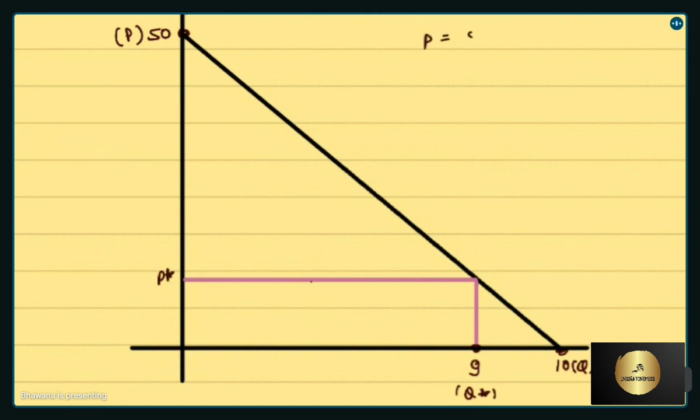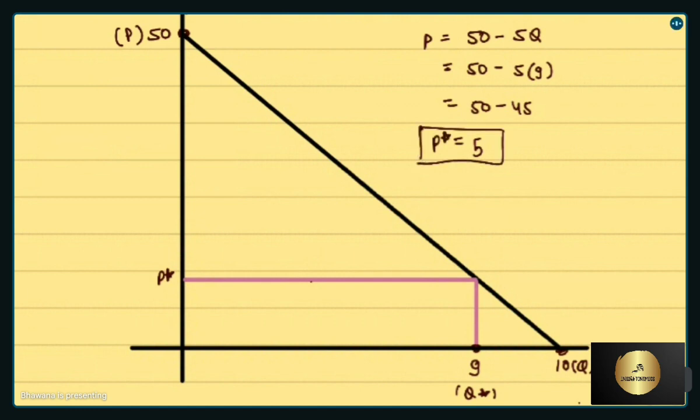So your demand function looks like this: 50 minus 5Q. Put the value of Q. You will get 5. So your P star will be 5. Okay.